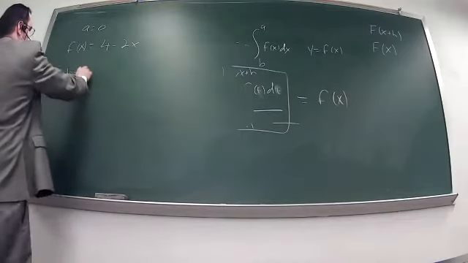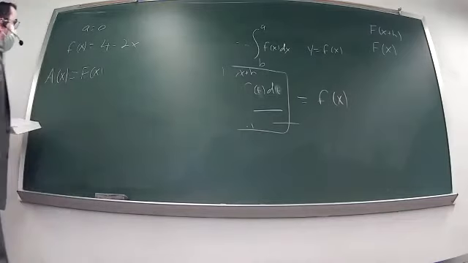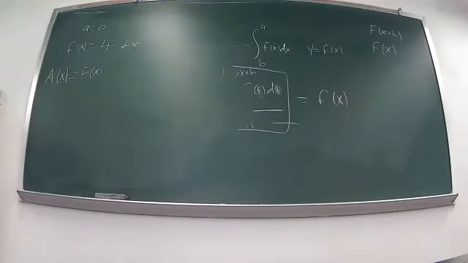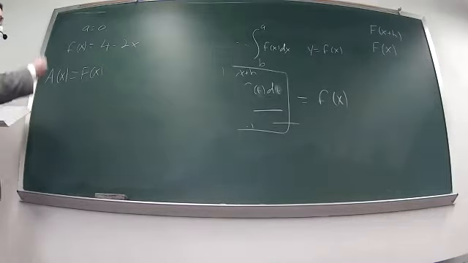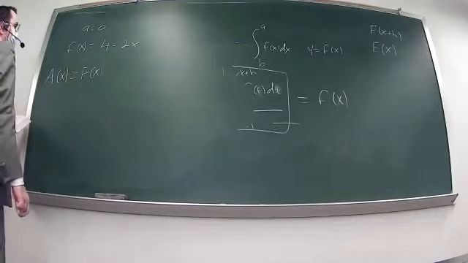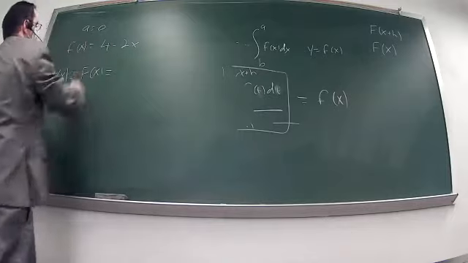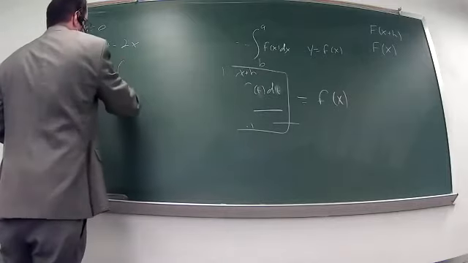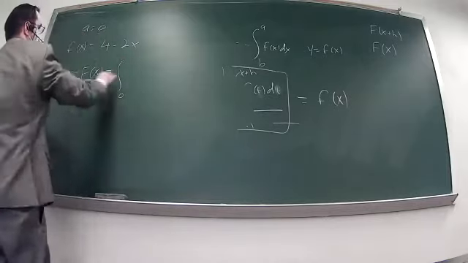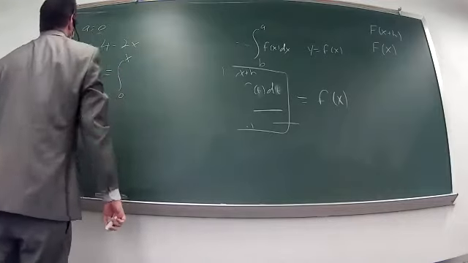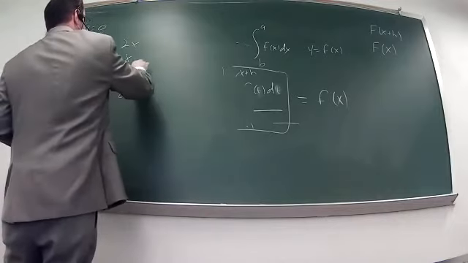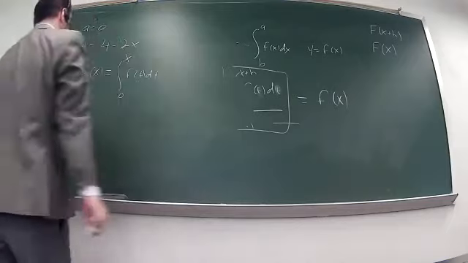That's what I've been calling capital F of x throughout this class. And the lower limit that I've been using, I've been calling c. They're going to call it a, so they're going to go from 0 to x of f of t dt.